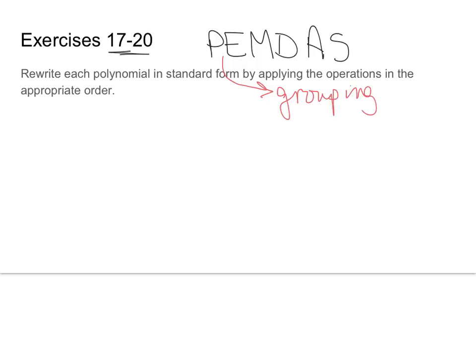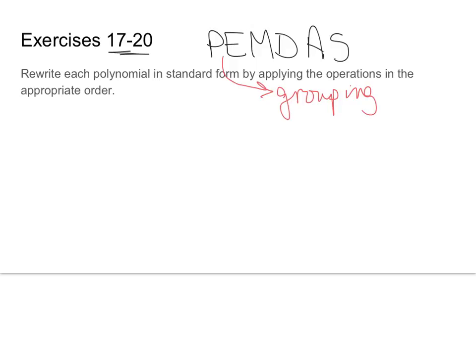Okay, not just parentheses, but brackets and fraction bars. Exponents, and then multiplication, division, left to right, and addition, subtraction, left to right. So that's how we determine what operation to perform first.